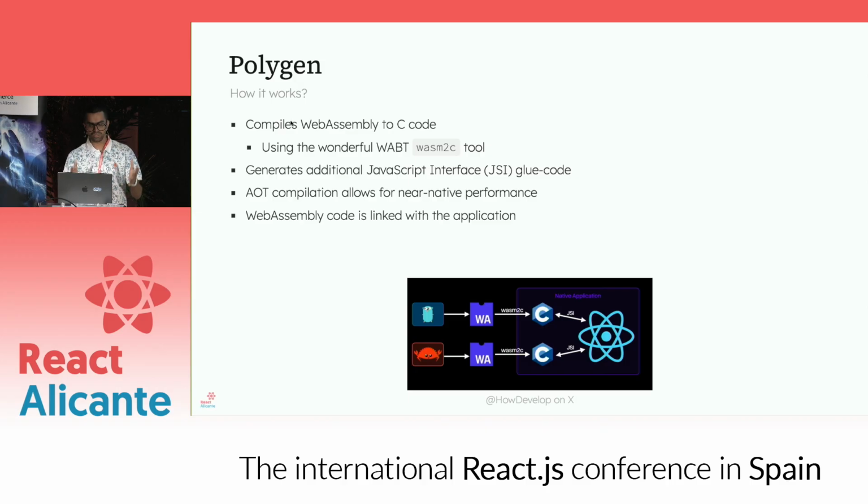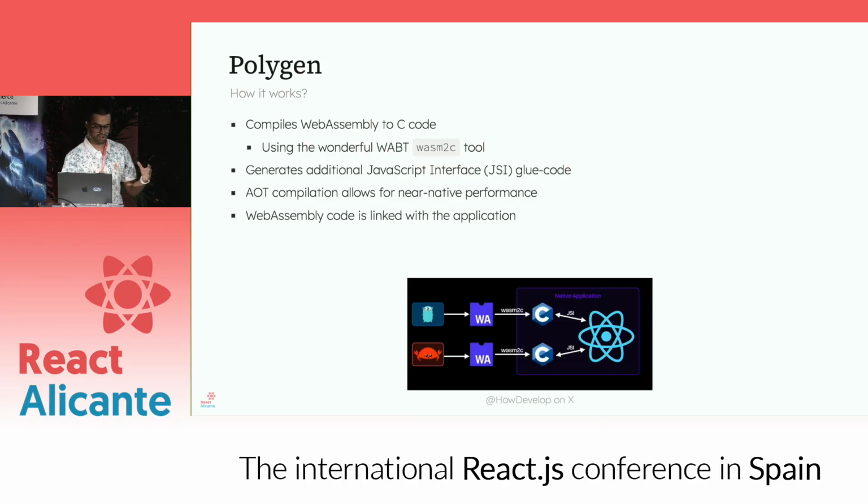So the resulting code essentially becomes a part of our application, just like a normal native or static shared library would be. And this native C code can run inside of your app. So it gives you, if not native performance, near native performance.